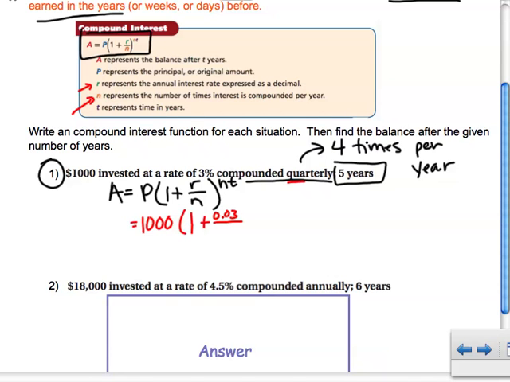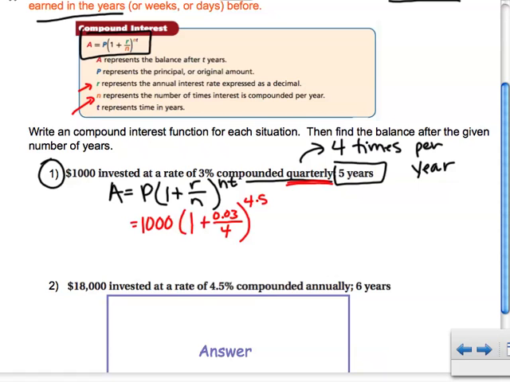Ours is compounded quarterly. Quarterly means you get to divide by 4, so 4 times. So that goes there. And then parentheses, and our exponent is n times t. n is that 4 again. And then t represents the time in years, and in this case, it will be 5 years.